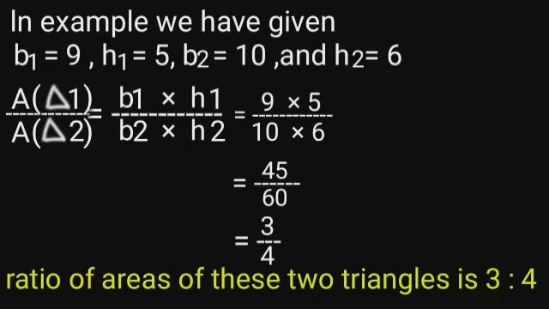In this example, we are given the base of the first triangle, B1, as 9, and height H1 as 5. For the other triangle, base B2 is 10 and height H2 is equal to 6.